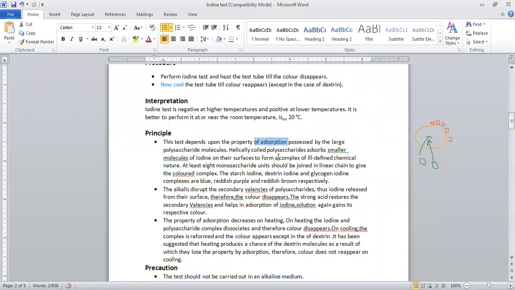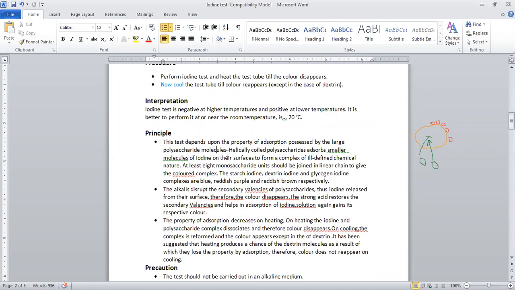This means there will be a physical interaction between the polysaccharides and the iodine molecules, and that interaction makes a complex, and that complex is colored.